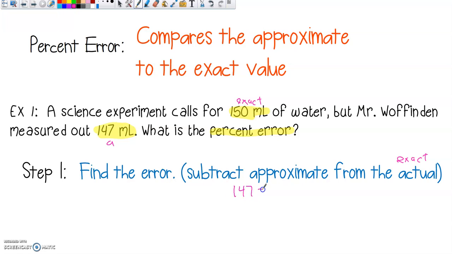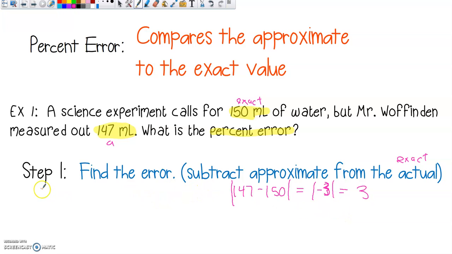147 minus 150. And guys, I want this to be an absolute value. So when we take the absolute value, 147 minus 150 would give me a negative 3, but the absolute value of that would just be 3.